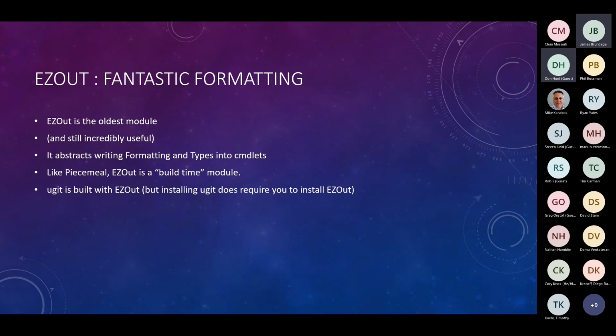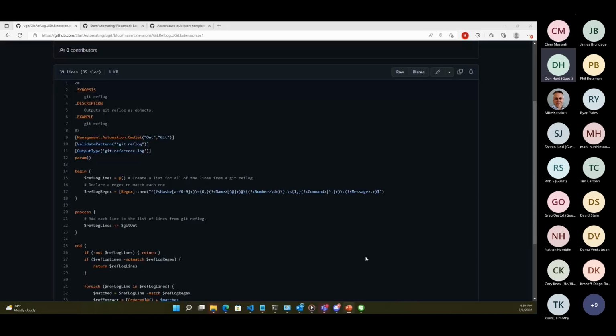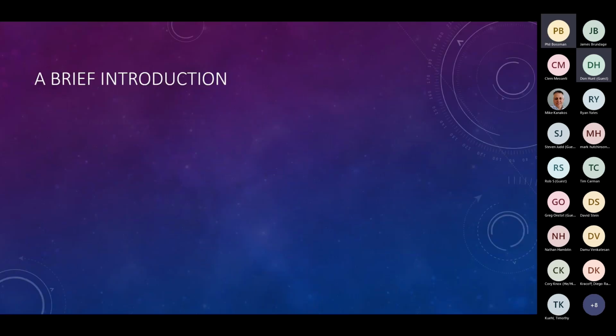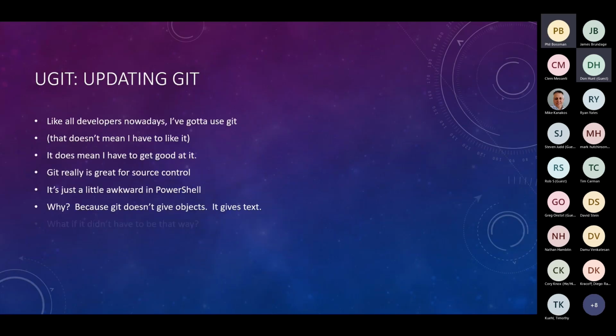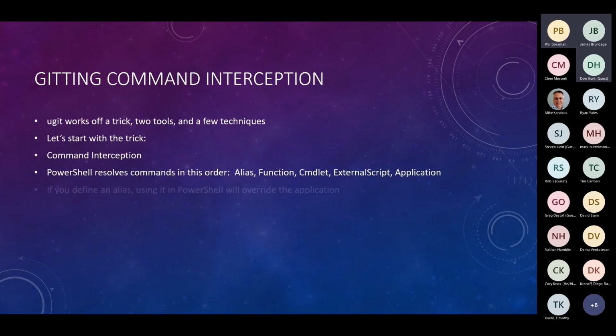There might well be. uGit is built with EasyOut, but installing uGit does not require you to install EasyOut. Let me fix that one because that one will bother me later. So it's a module that helps you build the ultimate module, not the other way around. Yes, it builds your XML file, your PS types XML. That is correct.